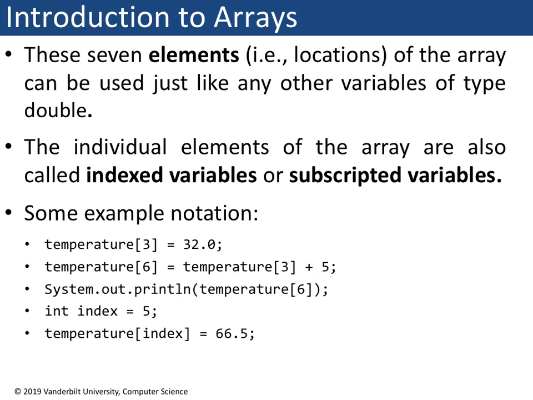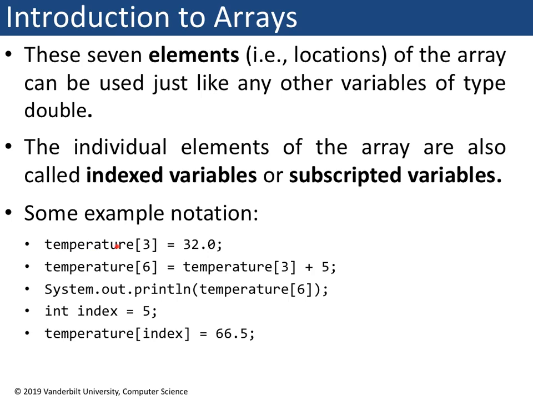Now the cool thing is, each of the elements or locations in the array can be used in the program just like variables. For this reason, each individual element of the array can also be called an indexed variable or a subscripted variable. So an example of using an array element in your program like a variable would be, let's say we wanted to assign the value 32.0 into our temperature array.